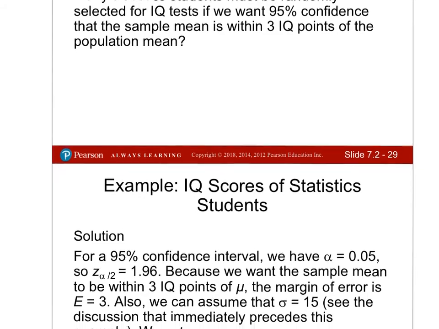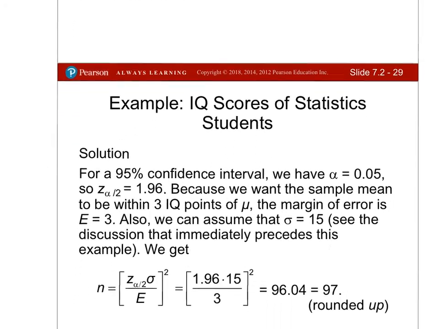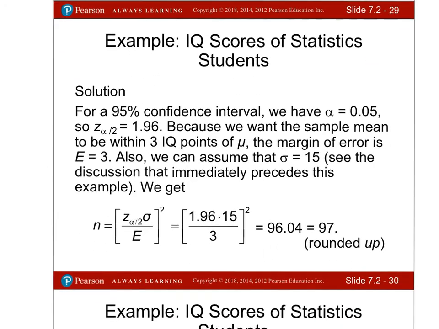So our error is 3, right? For the 95% confidence interval, we have alpha equals 0.05, right? 1 minus 0.95. And that gives us our common z-score of 1.96. And so we're going to plug that 1.96 into our formula down here, right? And 3 is that we want to be within plus or minus 3.